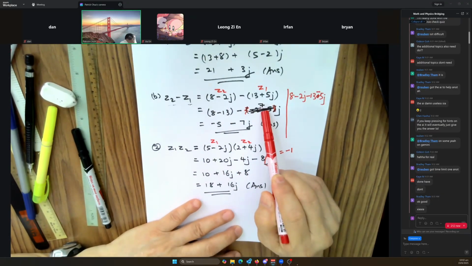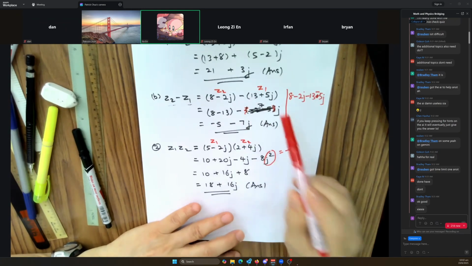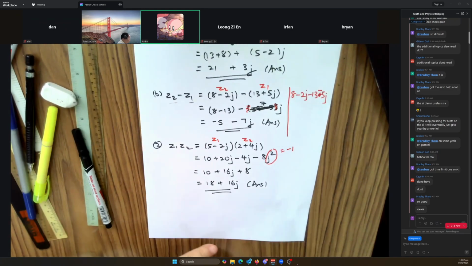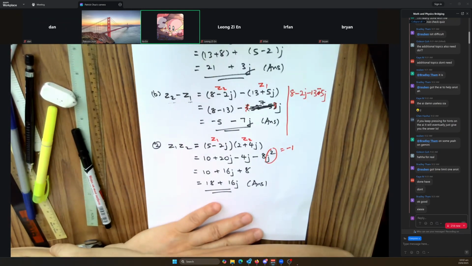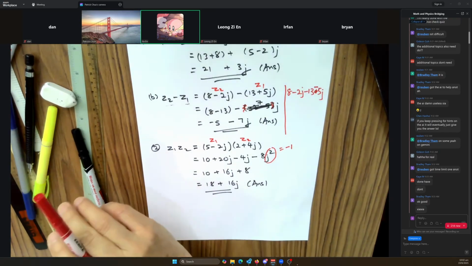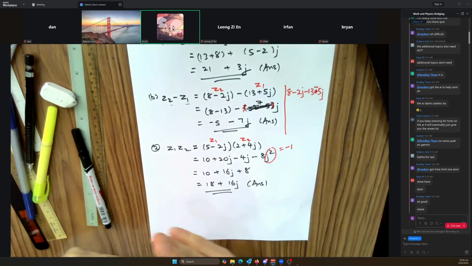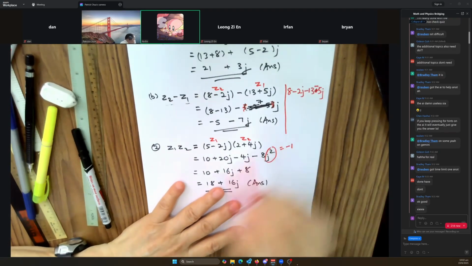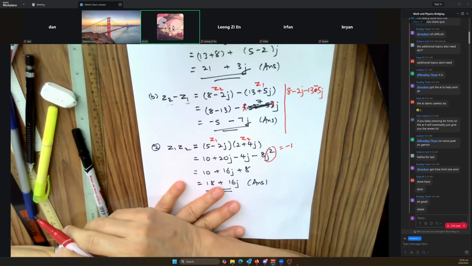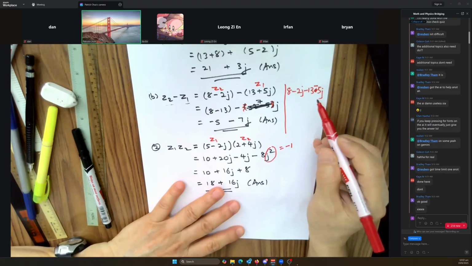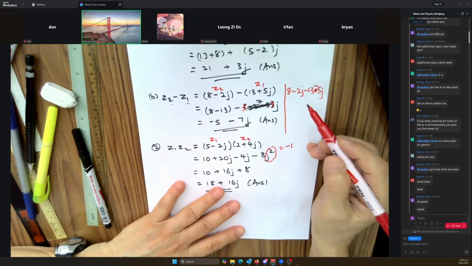But previously when you put the bracket, inside the bracket is minus 2 minus 5, so should the outside one be plus if we are sticking to the bracket format? Previously you said you have to keep the bracket. It's up to you actually. If you want to keep the bracket, you can. If you don't want to, also okay.